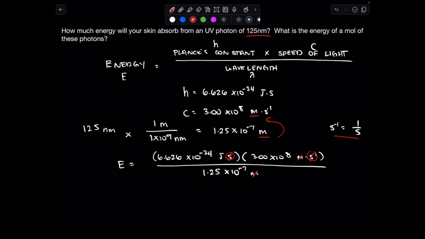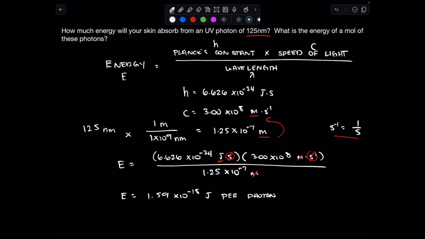Those will also cancel each other out, leaving us only with joules, which is exactly what we want because energy is measured in joules. So as we do the algebra, multiply and divide everything out, what we'll end up with is energy is equal to 1.59 times 10 to the minus 18 joules, and that's per photon.